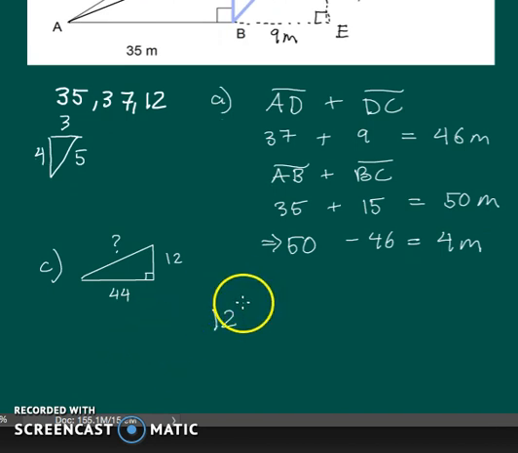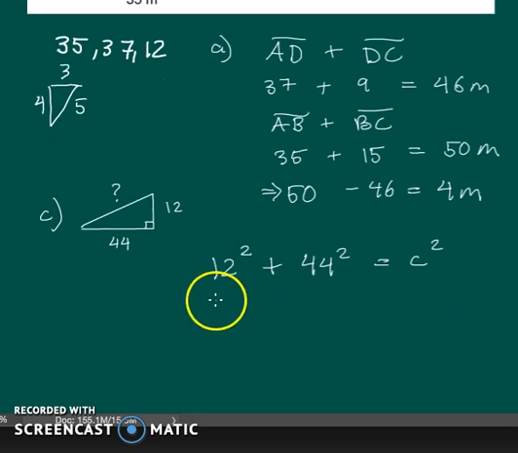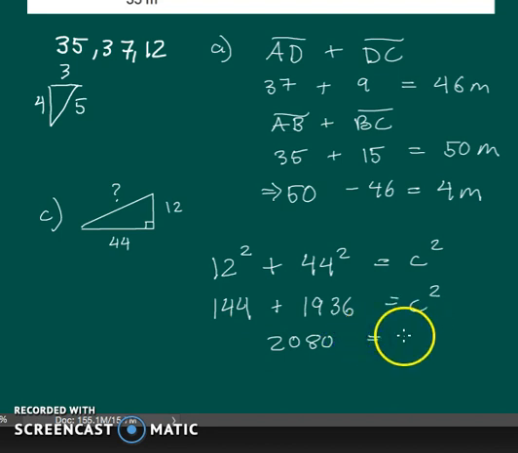So we'll say 12 squared plus 44 squared is equal to, we'll call it c squared. So 12 squared is 144. 44 squared is a whopping 1,936. Adding these two together, we will get 2,080, and that's equal to c squared.